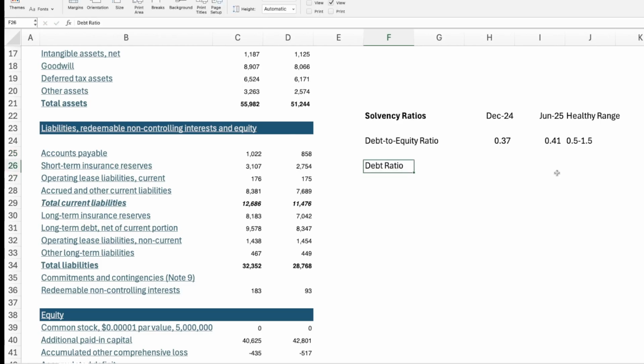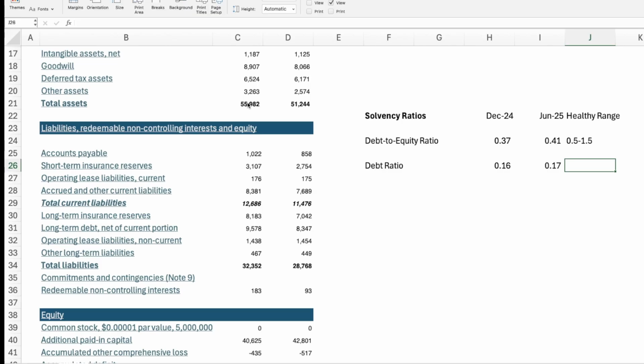Let's do the debt ratio next. The debt ratio is your total debt divided by total assets. So total debt is your 8347 divided by 51244. For 2025, we take 9578 divided by 55982.